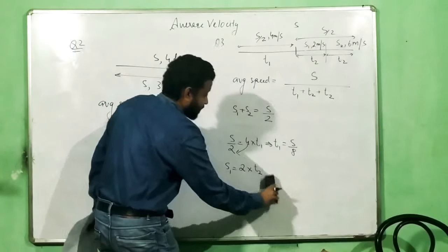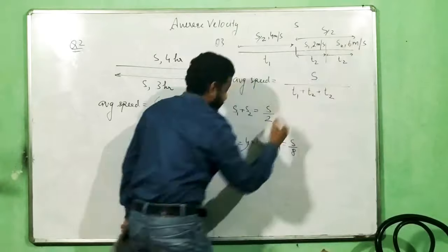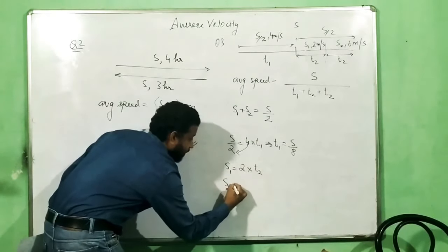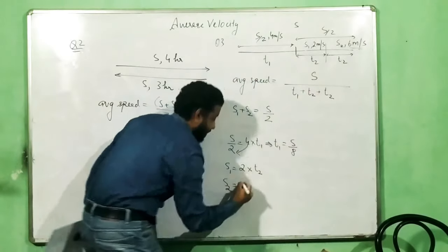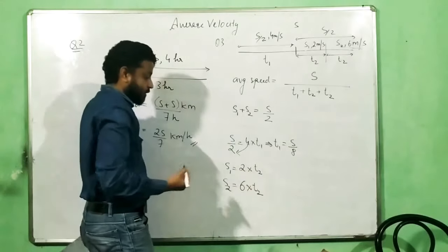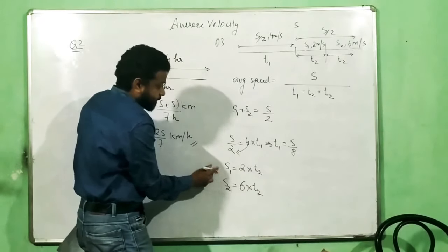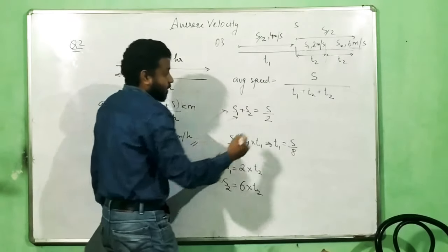I want S1. Third part of the journey is S2. So S2 equals speed 6 meter per second multiplied by time, so 6 multiplied by time, again t2. Now what is S1 plus S2? If I put these equations of S1 and S2 over here, what will I get?